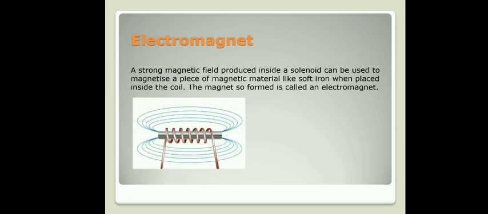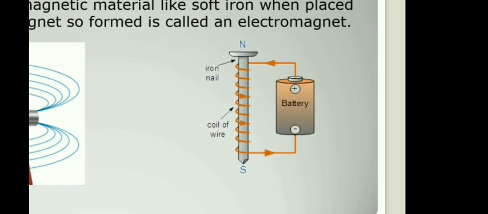Children, you can easily construct a simple electromagnet at your home. So just look at this figure. This is an iron nail. Take a copper wire and wind it in the form of a coil around this iron nail. Connect the ends of the copper wire to a battery. Finished. That's it. You have constructed an electromagnet.